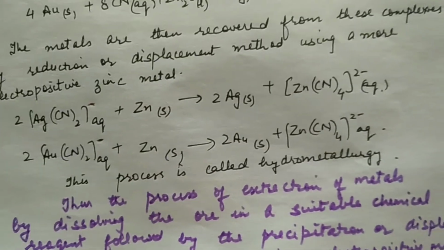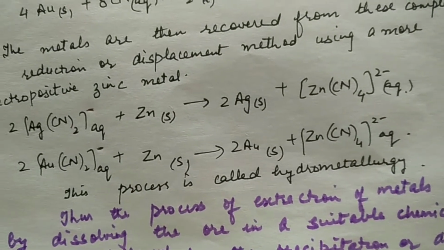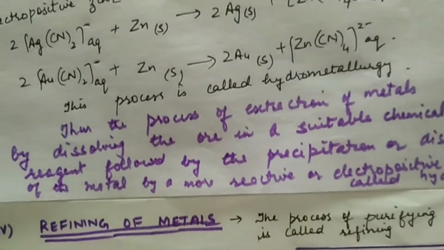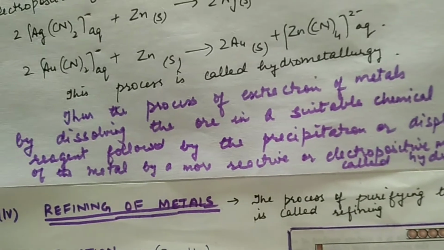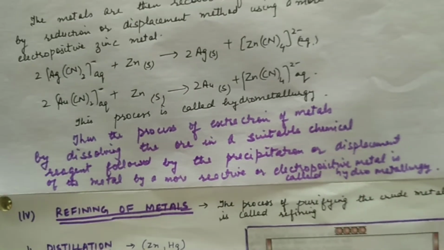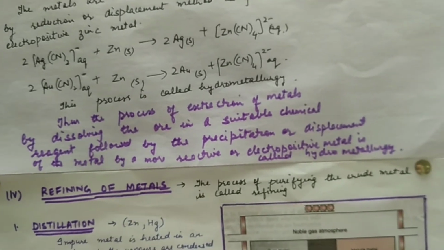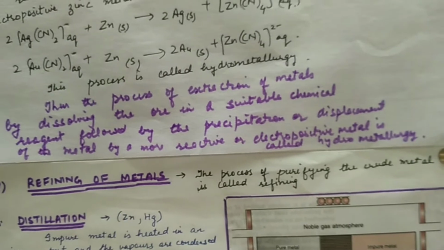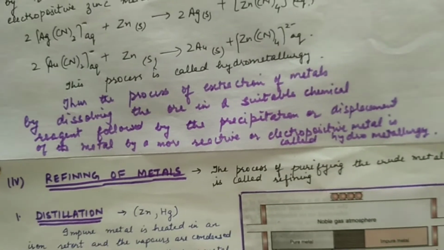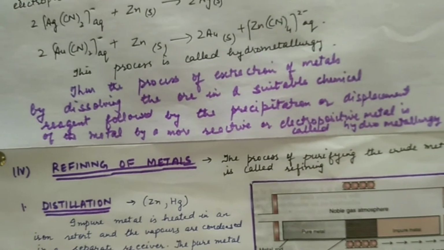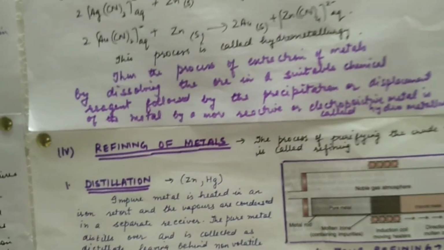Zinc displaces silver in its salt, so silver comes out, and similarly gold can also be extracted. This process is called hydrometallurgy. The process of extraction of metals by dissolving the ore in a suitable chemical reagent, followed by precipitation or displacement of the metal by a more reactive or electropositive metal, is called hydrometallurgy.